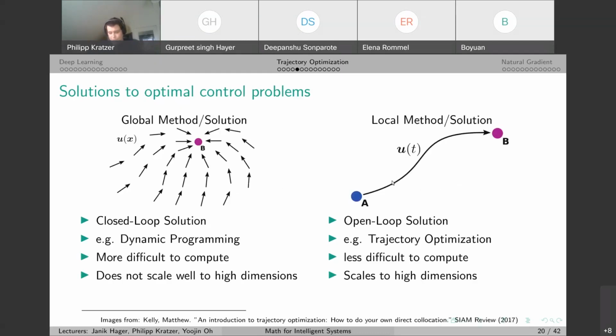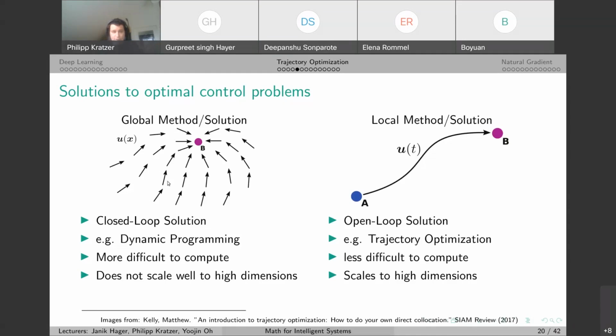So if we now have such optimal control problems, let's stick with our cart pole example, we want to have this pole balanced upright. Then we have this state B here, which will be the pole in the balanced upright position. And a global method would be defined everywhere in the state space.